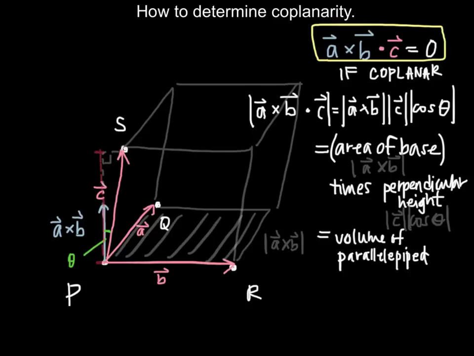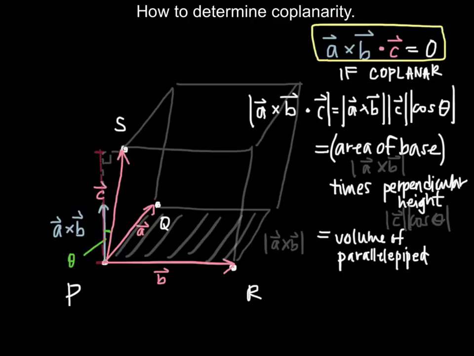Sure, you could totally compute the magnitude of A cross B, but when it came time to do C times cosine theta, well, theta was always going to be, since it's the angle between the cross product of A and B and the vector C, pi over 2. So cosine of theta will always be 0. And so if all of these points lie in the same plane, the parallelepiped is actually a two-dimensional object, doesn't have height, and it doesn't have volume.